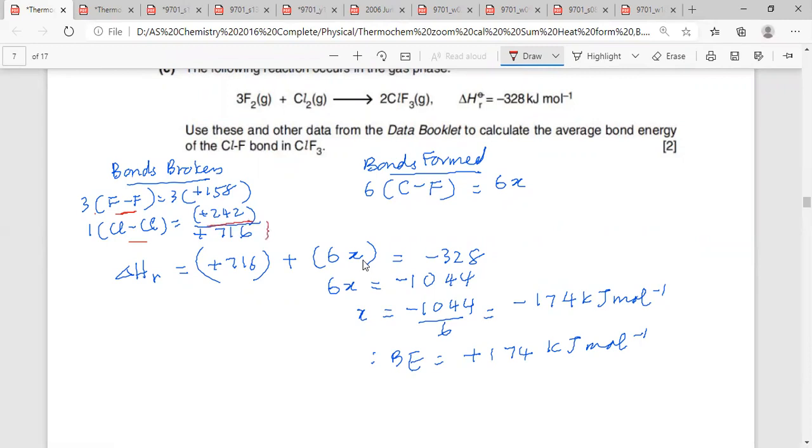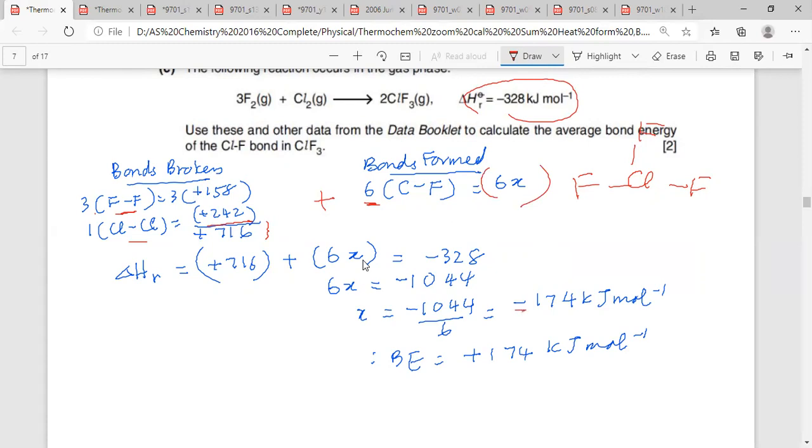Bonds formed. Remember Cl, so you have 3 bonds here. F, you have to draw it out to convince yourself. So there's 1 mole got 3, so 2 moles got 6. I put 6x up and put 6 up to you. So heat of reaction is on here. It's equal to this plus this. You just plus it out. The x here will be negative 1.